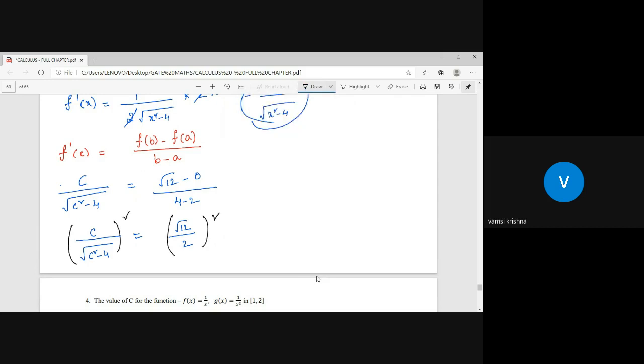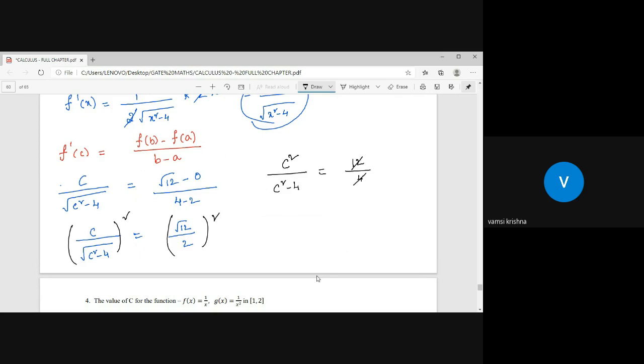Then your numerator becomes c square, divided by c square minus 4, and the numerator root 12 whole square is 12, and 2 square is 4.